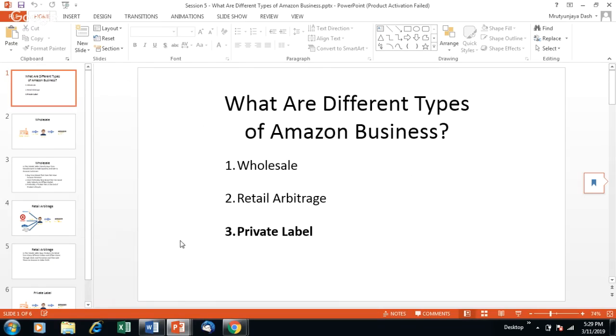So, as we went through the models, you now have a little bit of understanding of what e-commerce is and the who, where, and what, right? Now coming purely to Amazon, what are the types of business you can set up on Amazon?